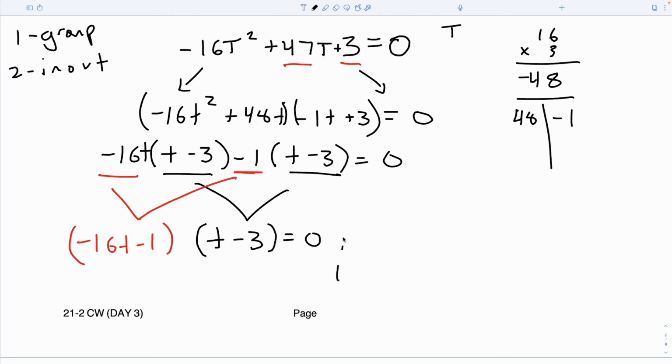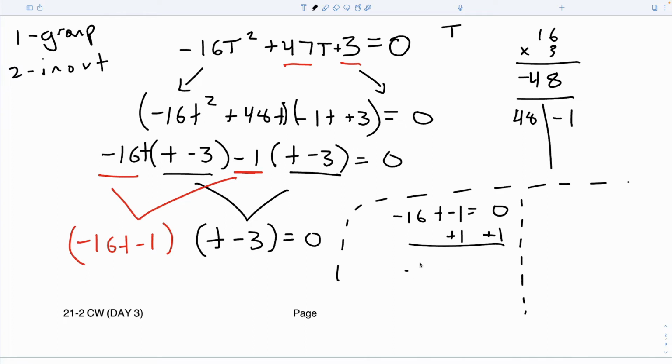So let's pull it out. And now we have to solve for t. Remember, the goal is to find how long it took this object to fall. T was the time. And we're going to get something that looks kind of funny. So let's pull out negative 16t minus 1, equal it to 0, and solve for that one. Negative 16t equals 1. Divide by negative 16.